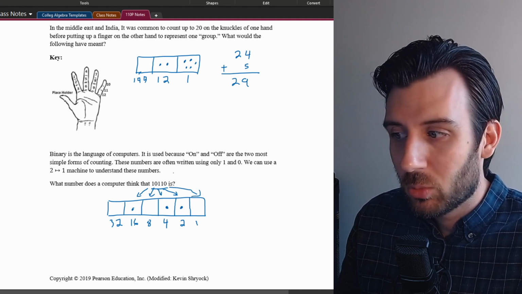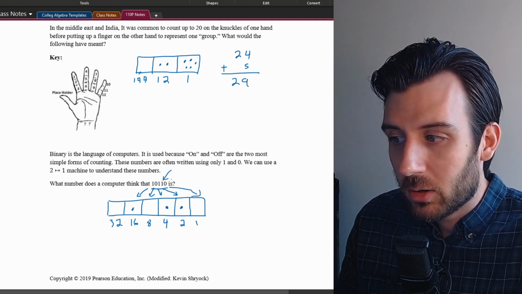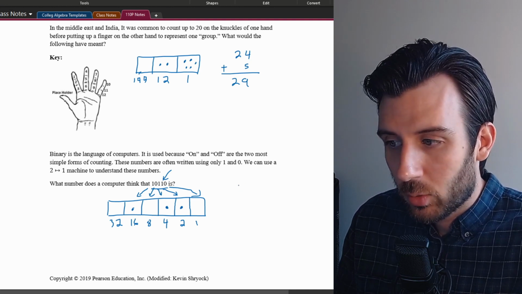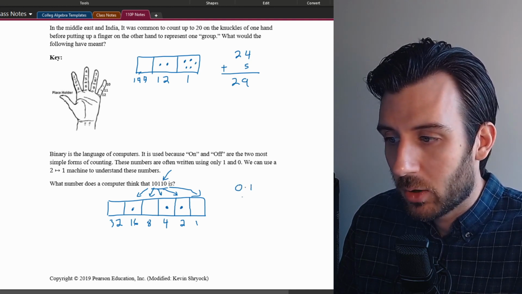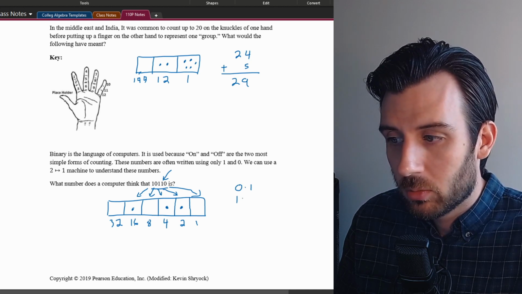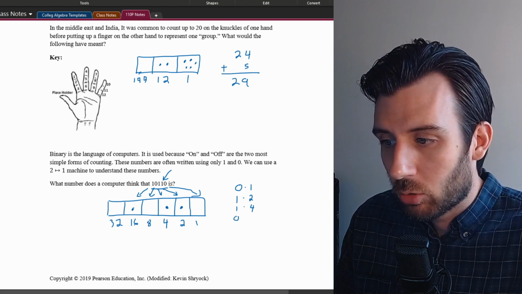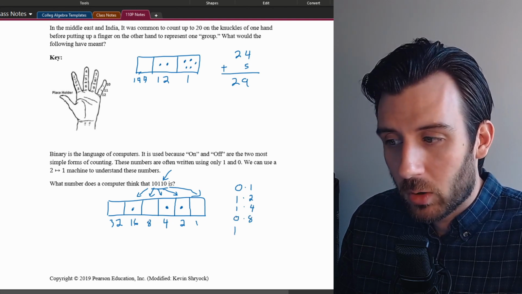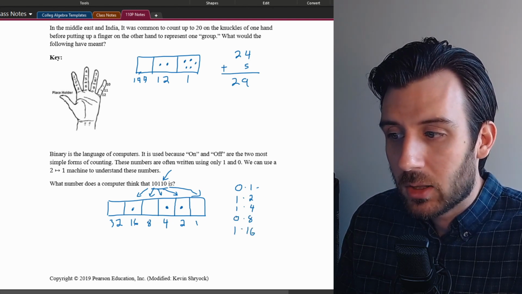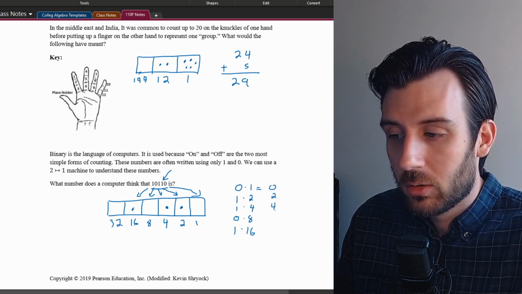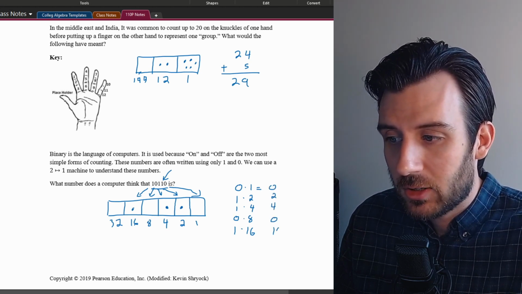Let's see what a computer would think that this number actually means. Well, there would be no groups of 1, so I'll do 0 groups of 1. I would have 1 group of 2. I would have 1 group of 4. I would have 0 groups of 8. I would have 1 group of 16. That would get me 0, 2, 4, 0, and 16.